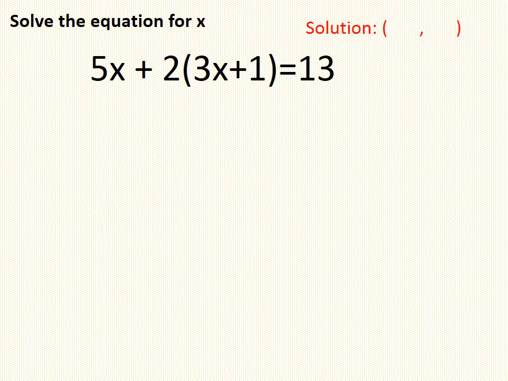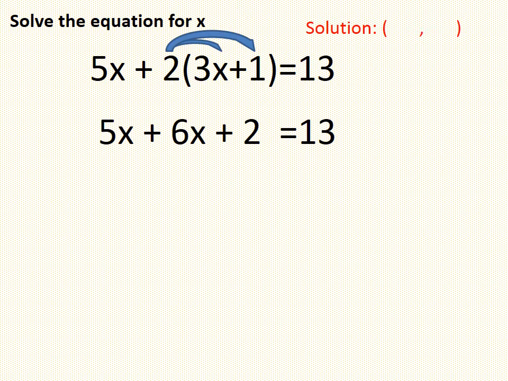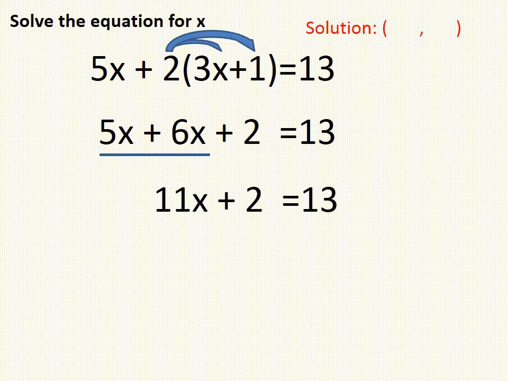Now that I have an equation in just one variable, my third step is to solve that equation in terms of one variable, which is in this case x. So in this situation, I'm going to have to distribute. I'm going to end up with 5x plus 6x plus 2 equals 13. And then combining like terms, I'm going to get 11x plus 2 equals 13.